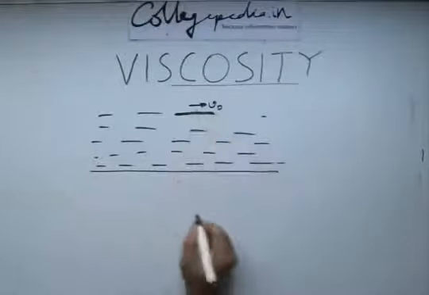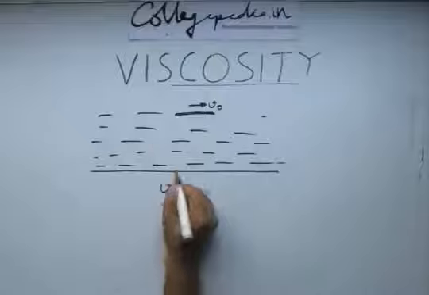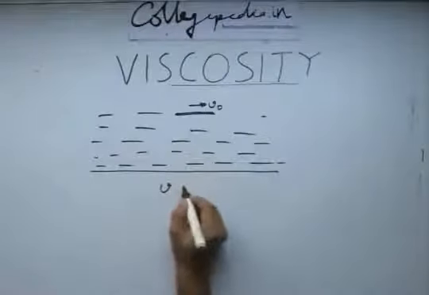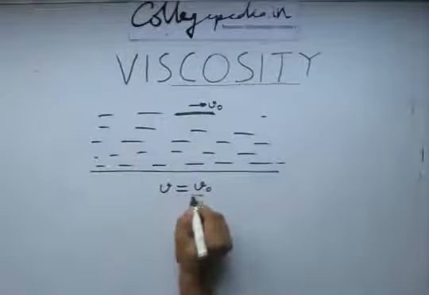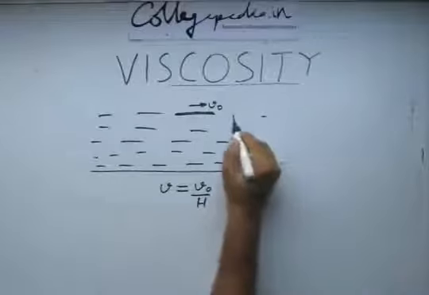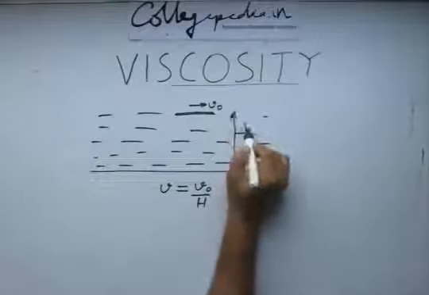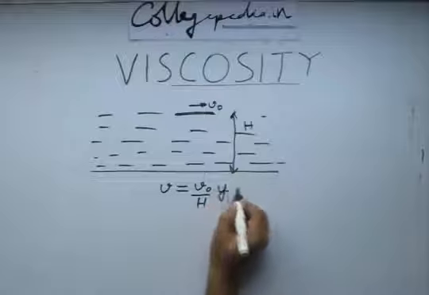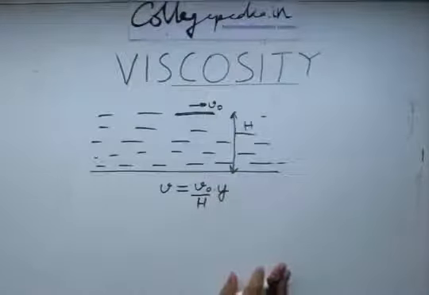In this kind of problem, we found that v at any point through this height is nothing but v0 by capital H, where capital H is this height, into y. This is our velocity profile.